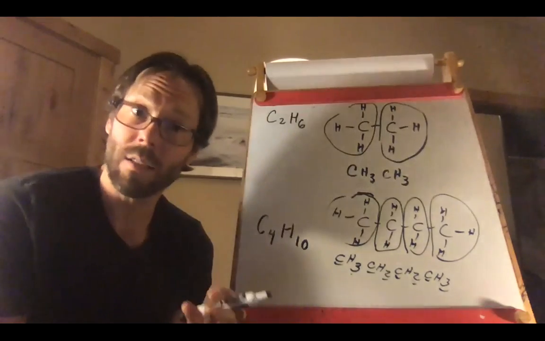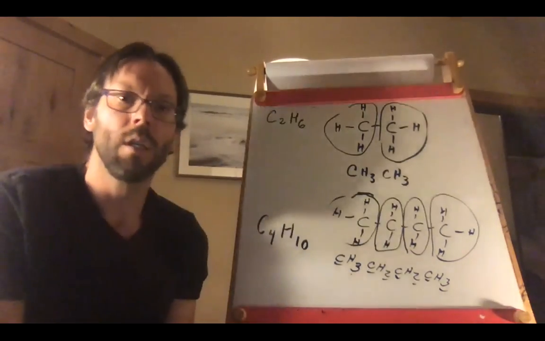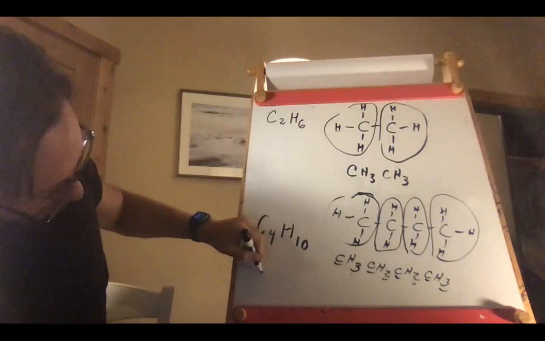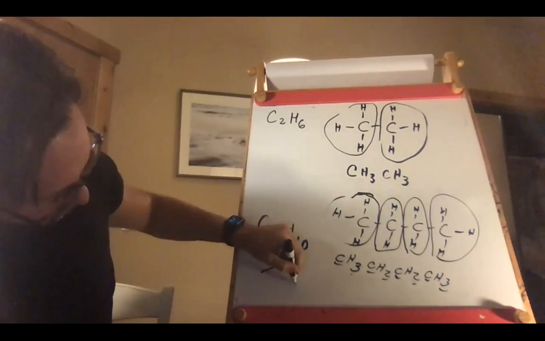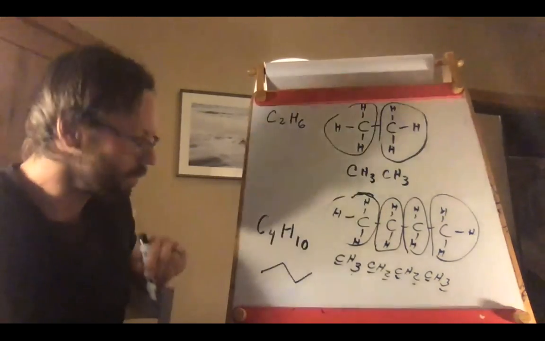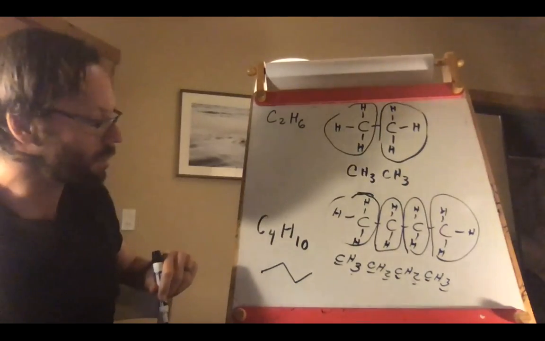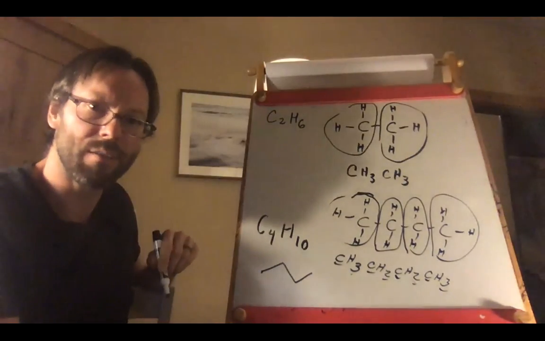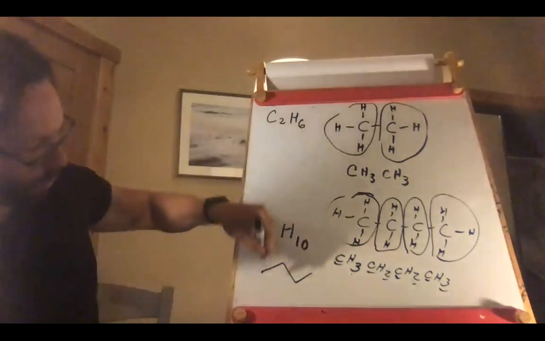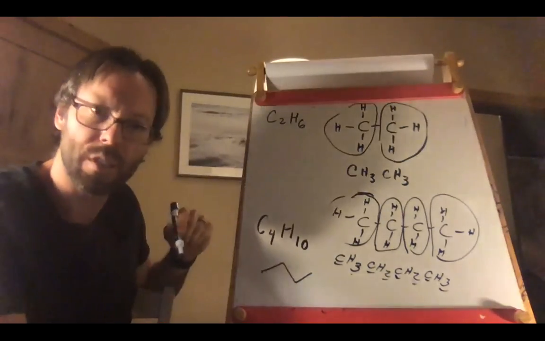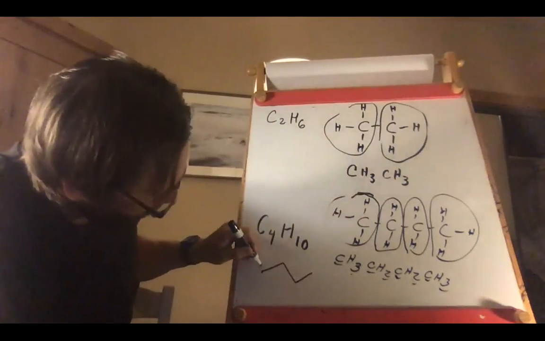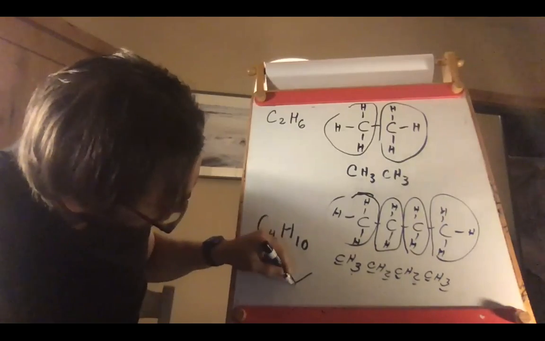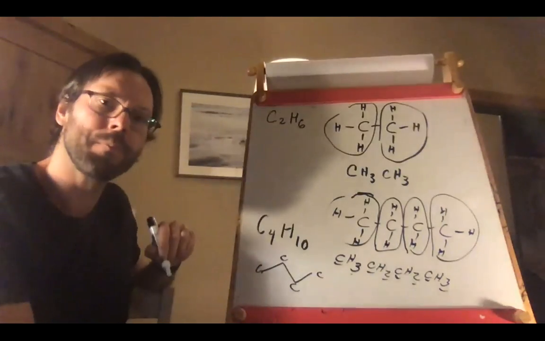And now the skeletal is 1, 2, 3, 4. You got to do zigzag so that you can differentiate the lines. If you just drew one long line, how would you know how many carbons is in there, right? So there's a carbon here, carbon here, carbon here, carbon here.